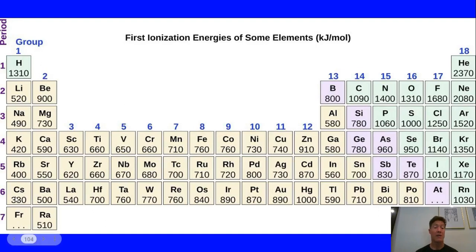It's further away. Same thing, it becomes easier and easier to pull off this electron, and so on. So you generally see this decreasing ionization energy as these atoms get larger with successive energy levels. It becomes easier and easier to remove that outermost electron.